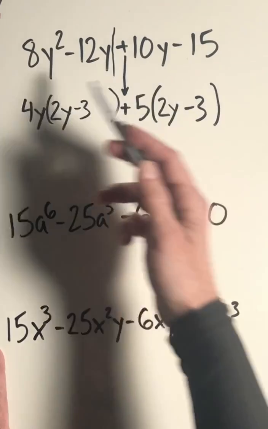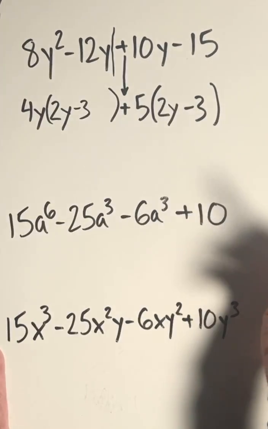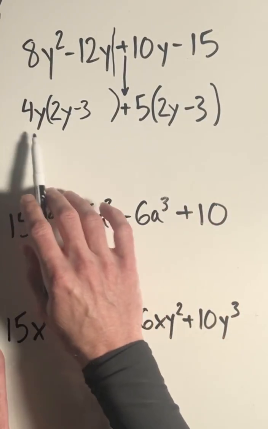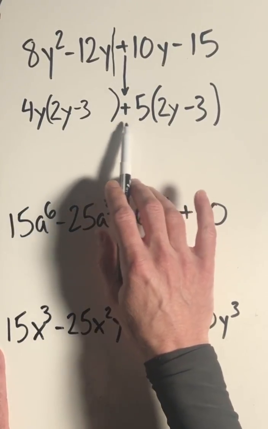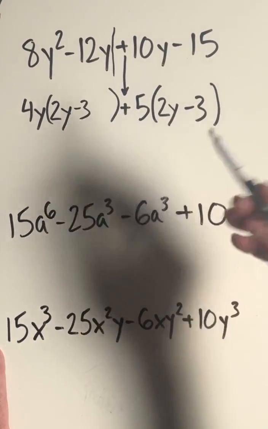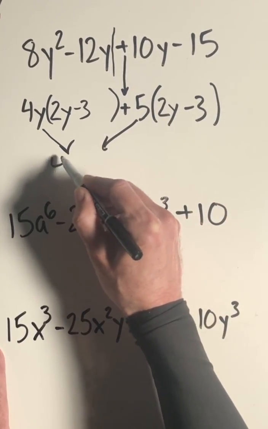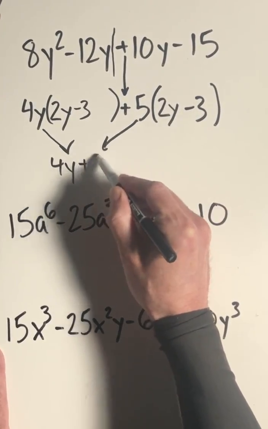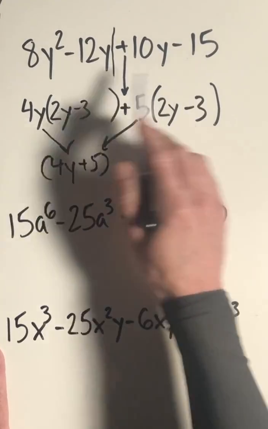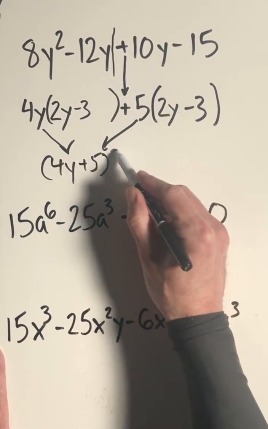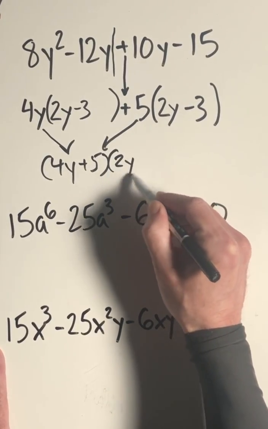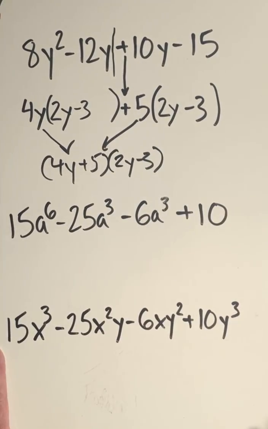That needs to happen when you're factoring by grouping in order to do this next step. If 4y times something plus 5 times the same thing is what we're trying to re-express, we can bring down the 4y and the positive 5 and show this whole binomial as 4y plus 5 times that same factor that is repeated on both sides.